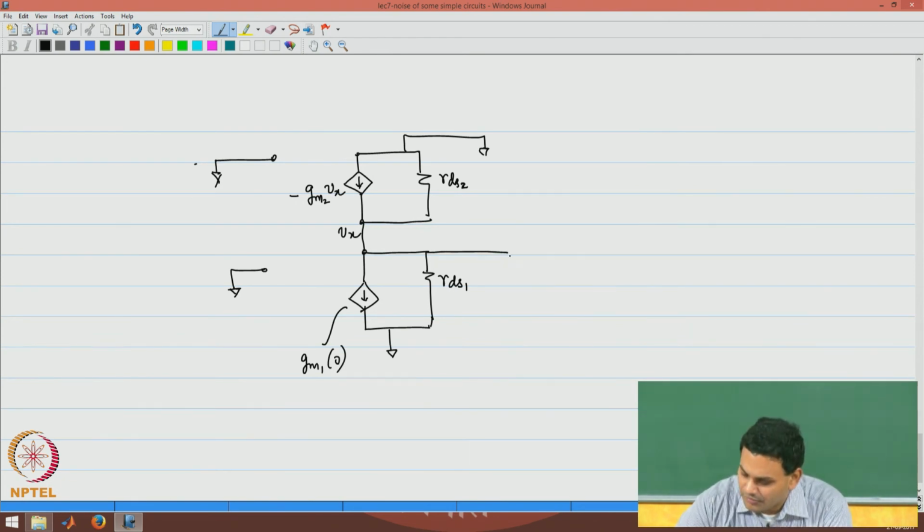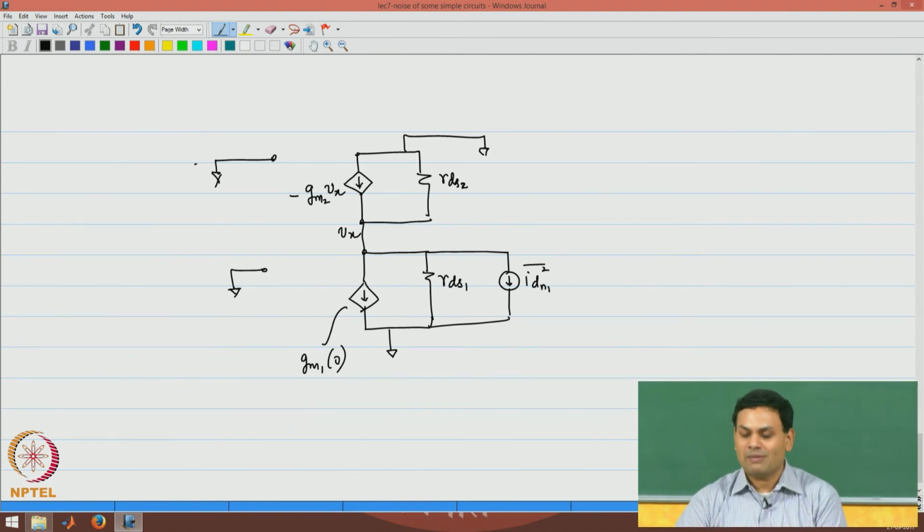And at this point I am applying the drain thermal noise of M1, which is IDN1 squared. Now, this current has to flow in only one of two paths. It either flows through RDS1 or it flows up here.